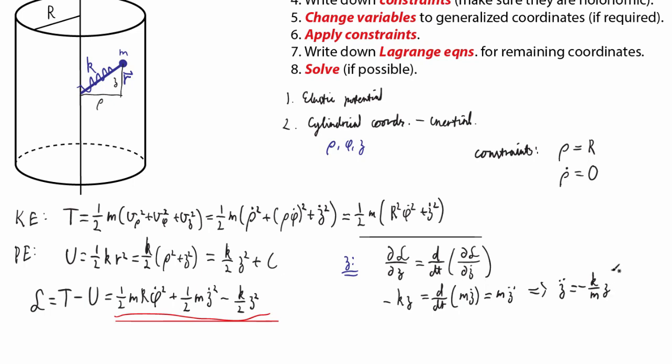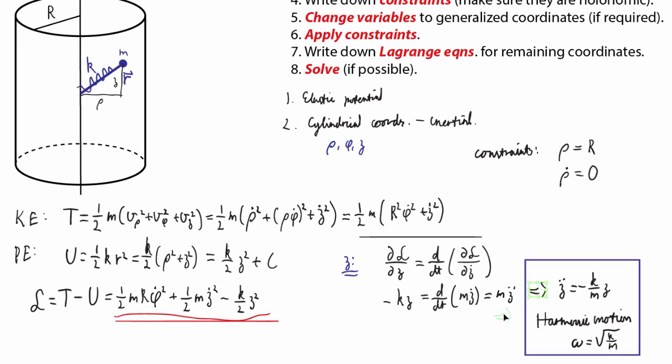This one you should recognize as the equation for the harmonic oscillator. So in the z direction, we have harmonic motion with the frequency omega equals the square root of k over m. All right. So that's the solution in the z direction.